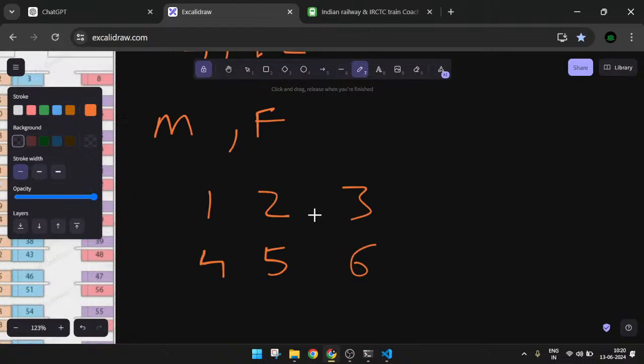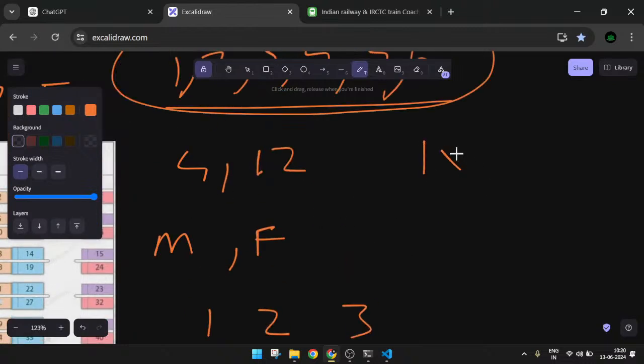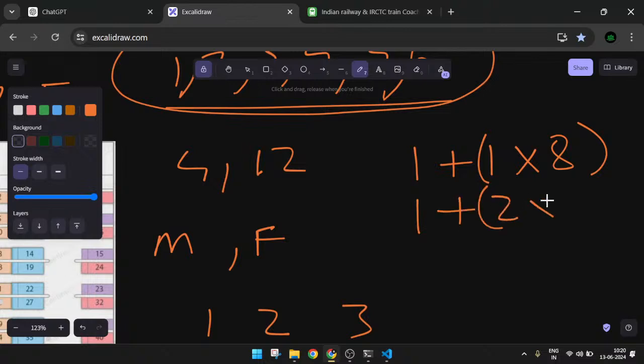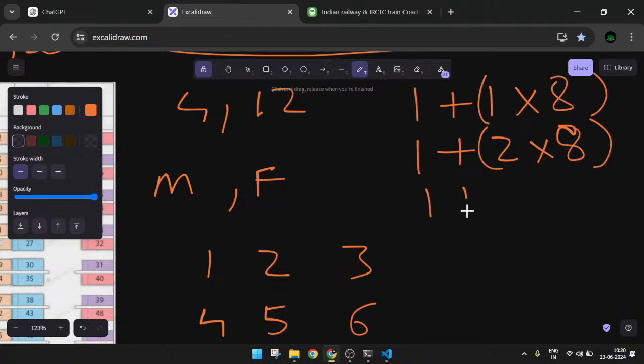So the formula is: for the first I just have 1, then for the next I have 1 plus 1 into 8, then 1 plus 2 into 8. Okay, I have this formula. Then I have 1 plus 3 into 8.